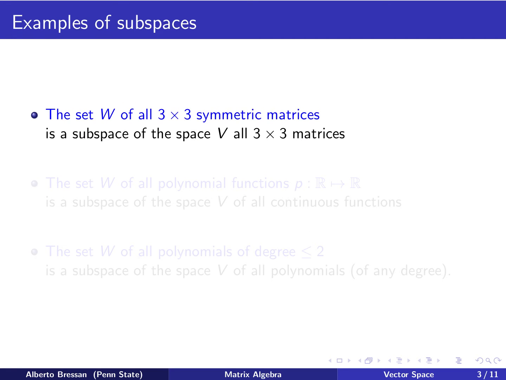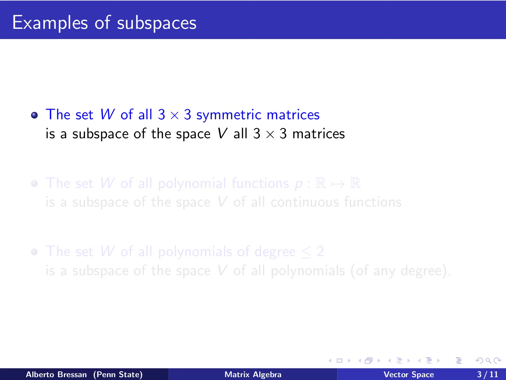Now let's go through several examples of subspaces. We're not going to give a detailed proof because it's a rather simple proof. The first one: let's say V is the vector space of all 3 by 3 matrices.